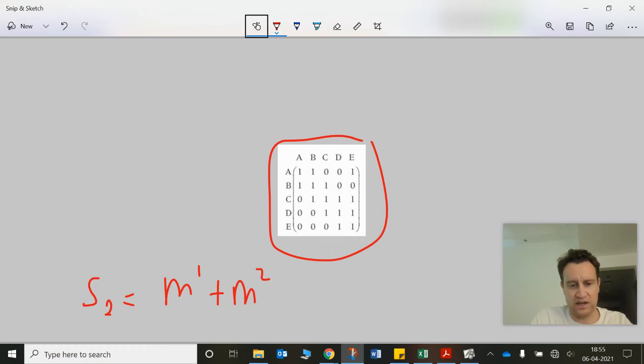Now, I'm going to do that, in fact. I'm going to create this matrix. It's a 5 by 5 matrix. 5, tab across, and 5. I'm going to put all those things in. I'm going to do 1, 1, 0, 0, 1. You can give this a go as well. 1, 1, 1, 0, 0.